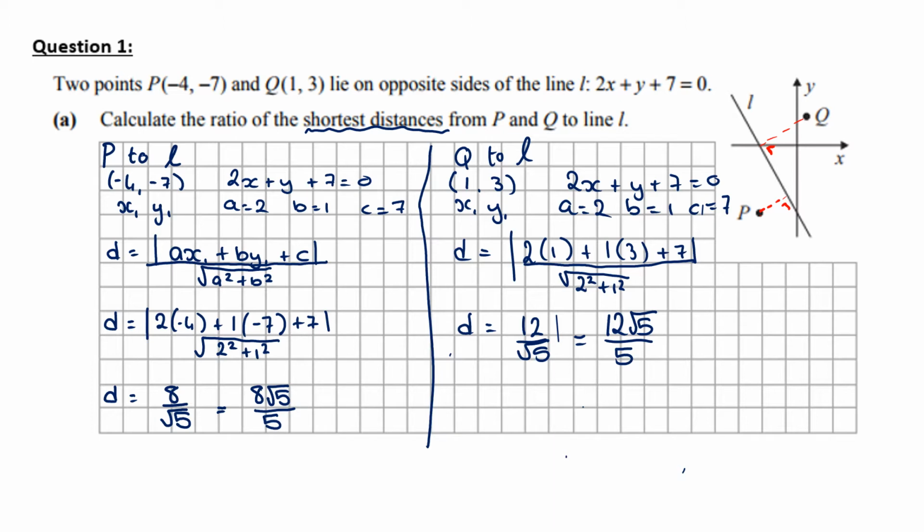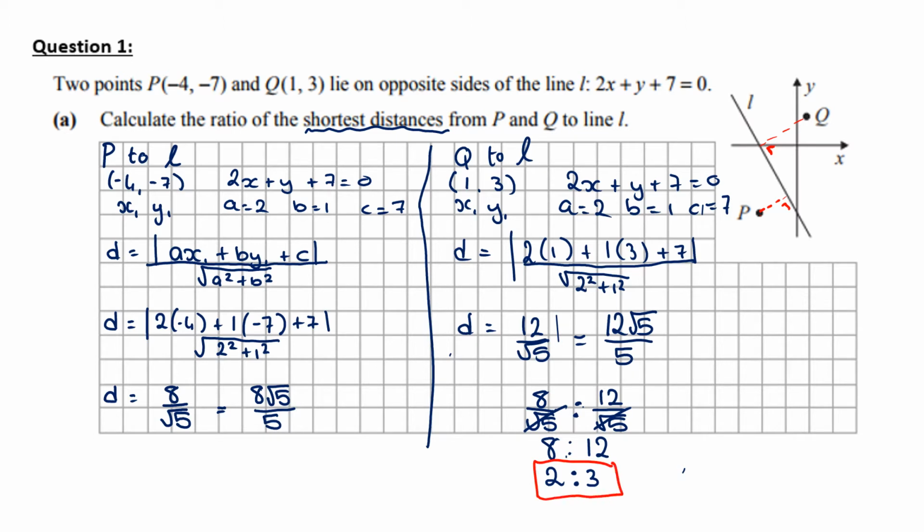So they want the ratio of the shortest distance from P to Q to the line L. So basically we want 8 over root 5 is to 12 over root 5, which simplifies down. 8 is to 12, divide both sides by 4, or 2 is to 3. So that's our final ratio.